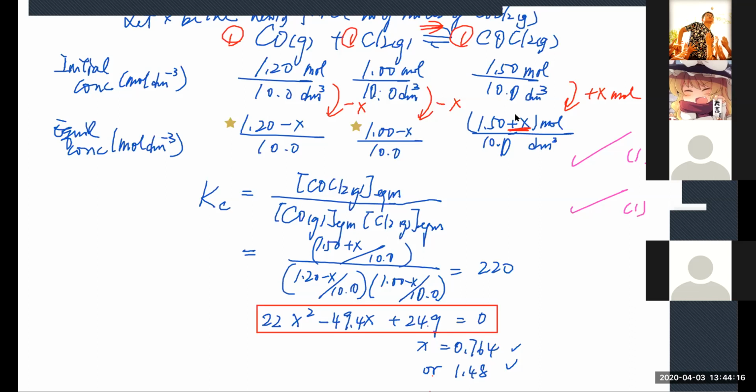Can you get a point? We cannot subtract the larger data than these two, 1.20 and 1.00. Which means that whenever I get the data which is larger than 1.00, the answer must be incorrect. You have to reject. Can you get a point? But not because of 1.48.